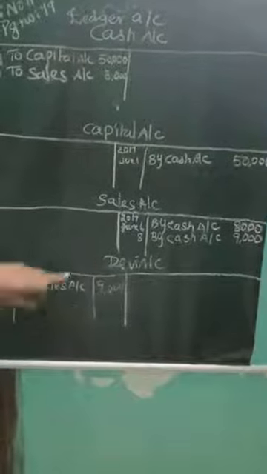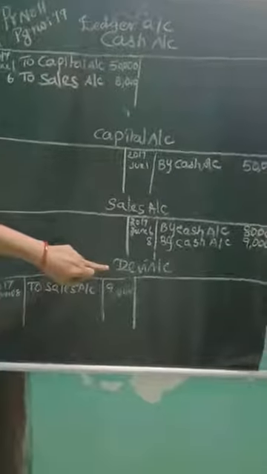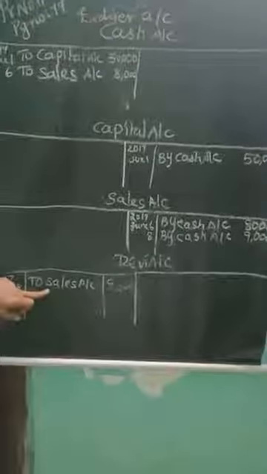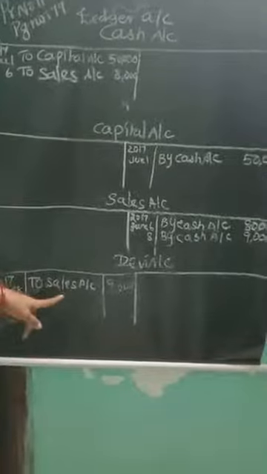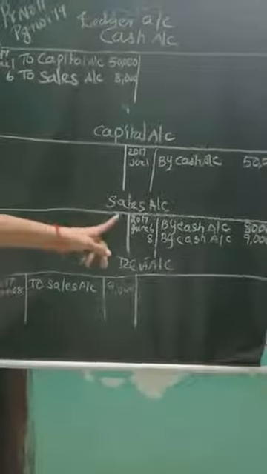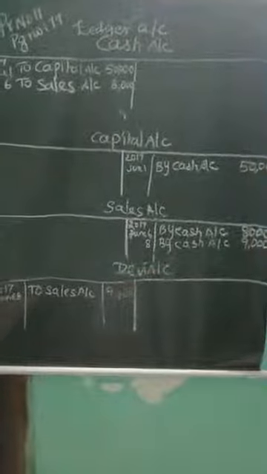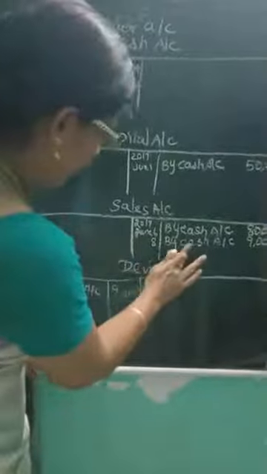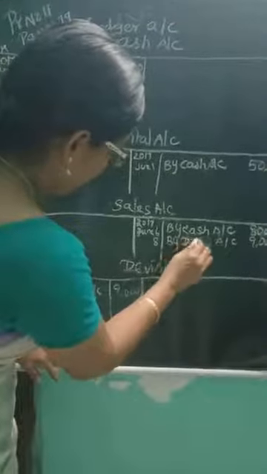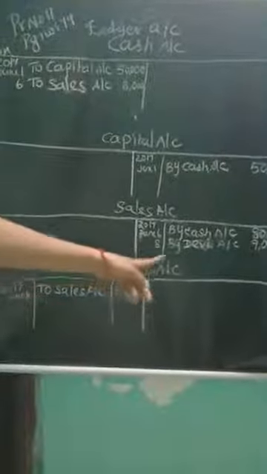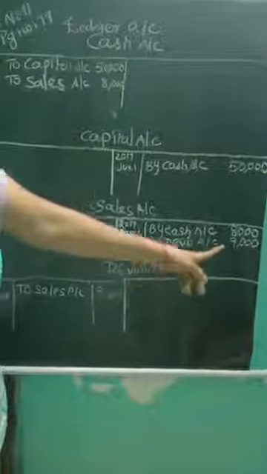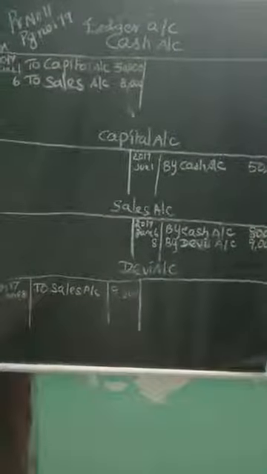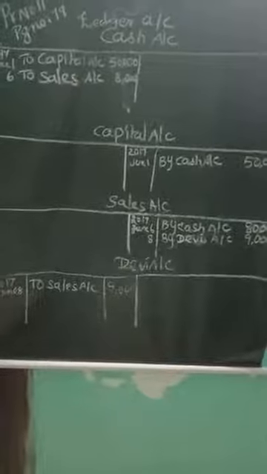Sales account is credited in the journal entry, so I have to write in the sales account, June 8, by Devi account, 9,000 rupees.